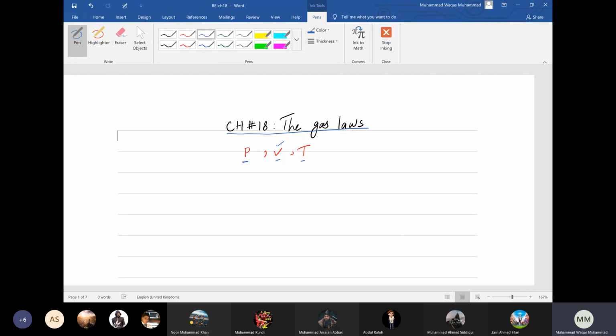So temperature is the measure of average kinetic energy of the molecules of a substance. So simply, temperature of gas means the measure of the average kinetic energy of the molecules of a gas.